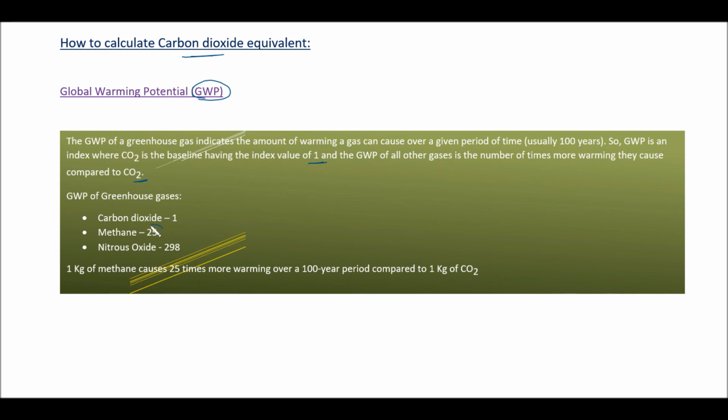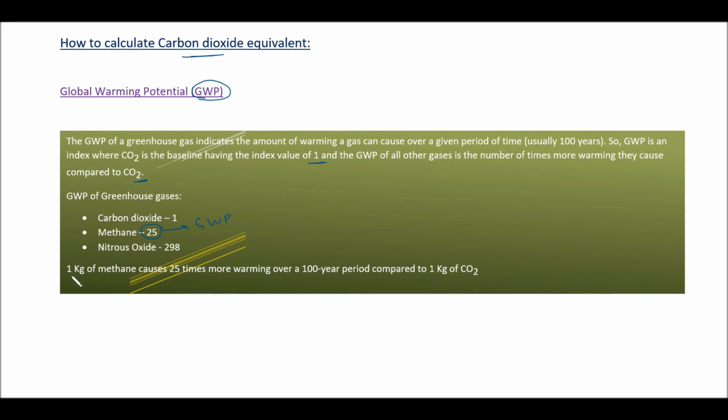If methane's GWP is 25, what it means is 1 kg of methane causes 25 times more warming over a 100-year period compared to 1 kg of CO2.